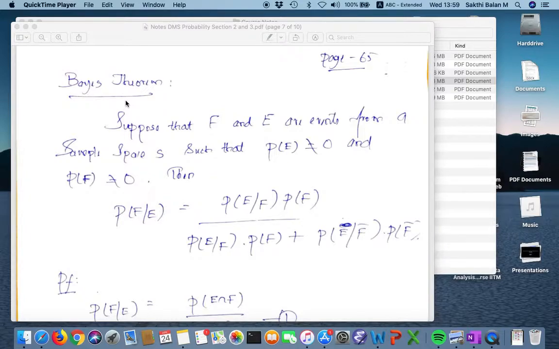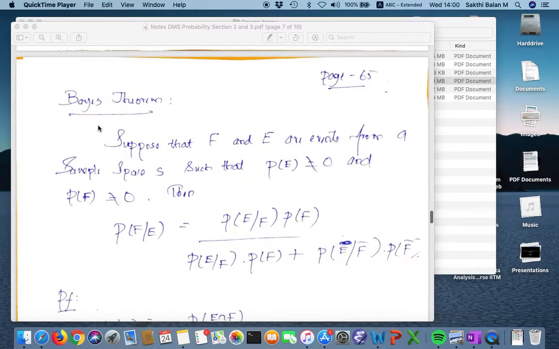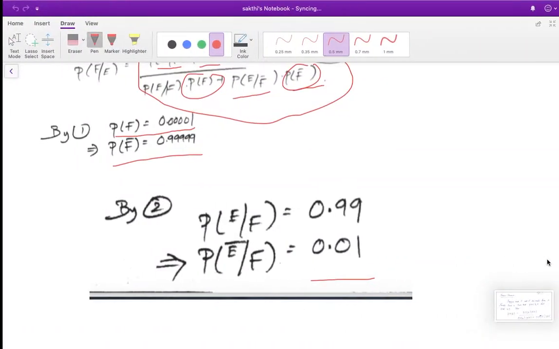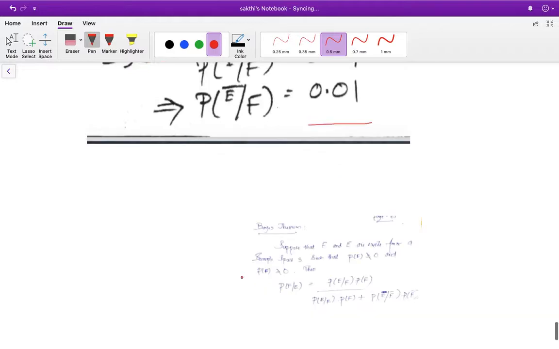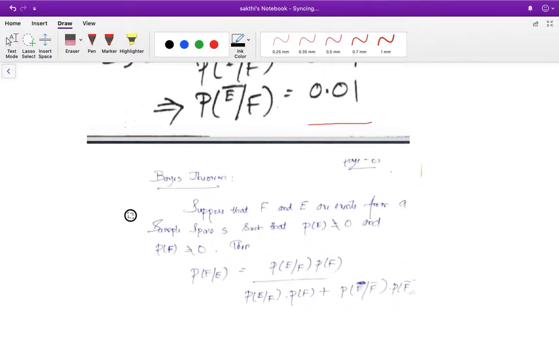So if there are two events F and E, we will take this screenshot to Microsoft OneNote, and I will enlarge this.